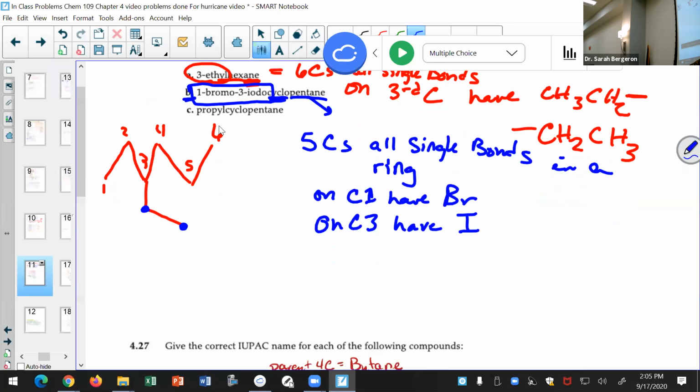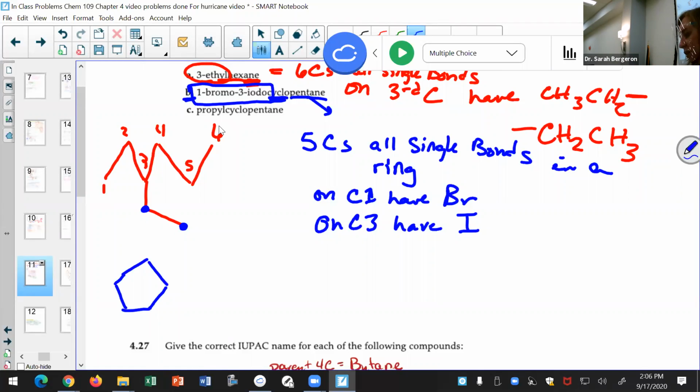I kind of like to write out what I'm going to draw before I draw it. It helps me to make sure I'm going to draw the right structure. So I need to have 5 carbons all in a ring. I'm still not a good artist at this. I've just never been good at drawing. All right, so I have 5 carbons. I want to put my bromine on carbon 1 and my iodine on carbon 3.